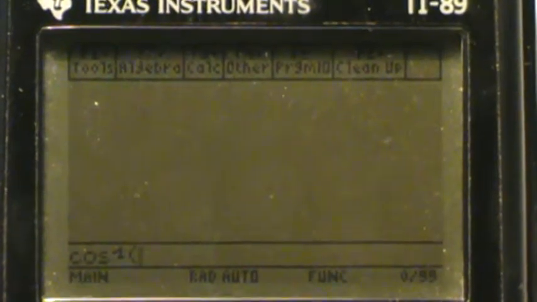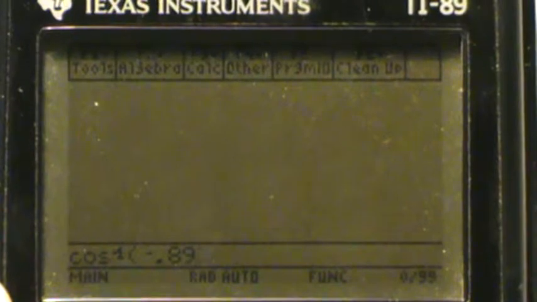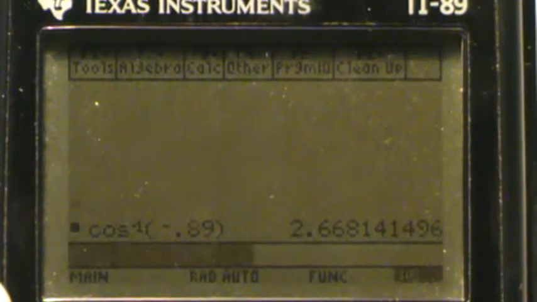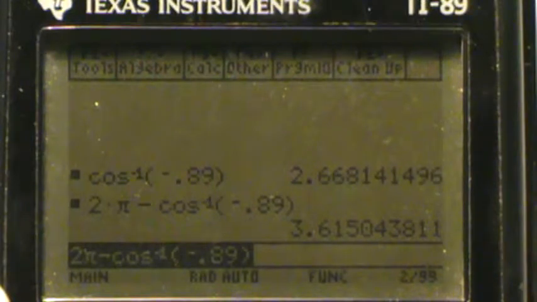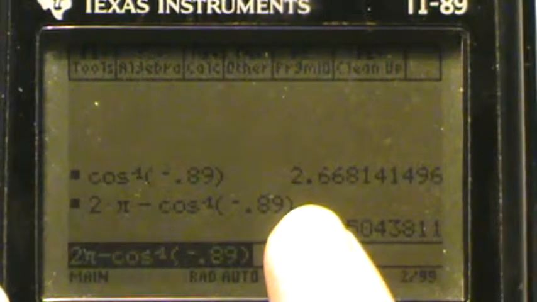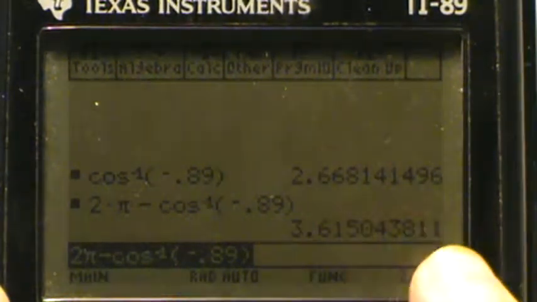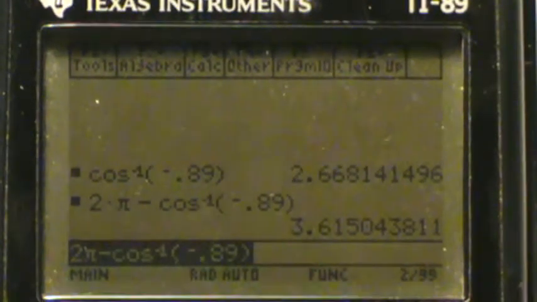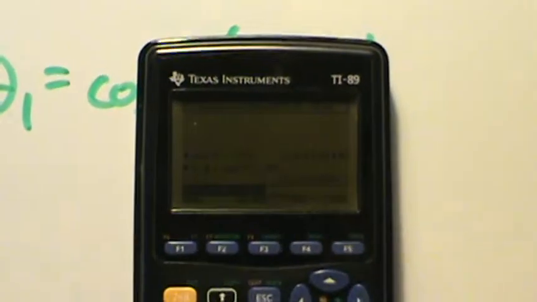So we want the inverse cosine of negative 0.89, and then 2 pi minus that. These are our two answers for part A in the interval 0 to 2 pi. So 2.6681 is one of our answers, and 3.6150 is another one. Those are the approximate answers.